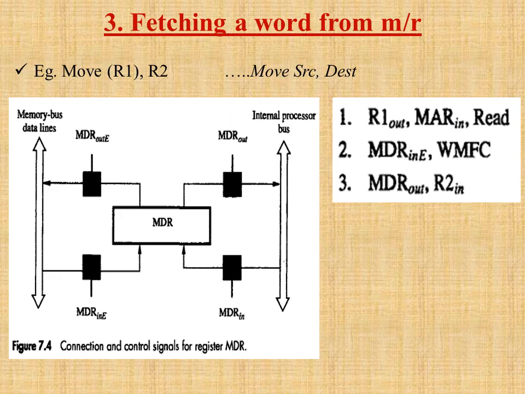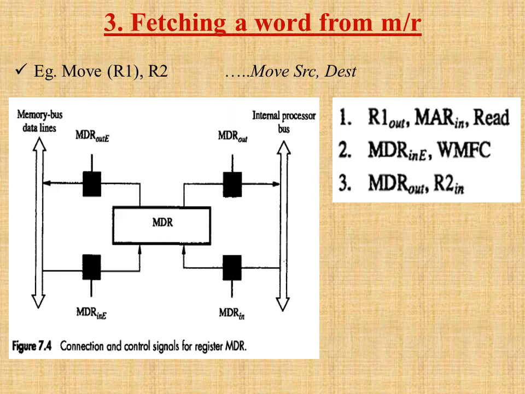Similarly, to differentiate between the names, the MDR is connected to the external memory bus via two switches, that is MDR out E and MDR in E, where E stands for external memory bus. So there is a differentiation in the names of the switches, so as not to get confused. The functionality remains the same.